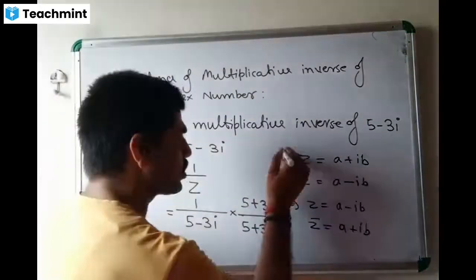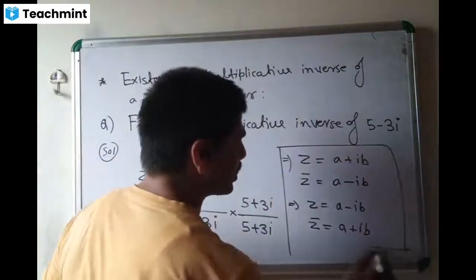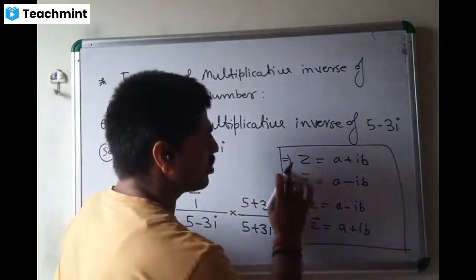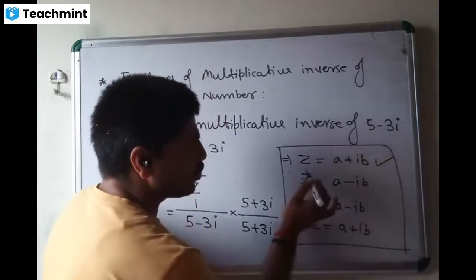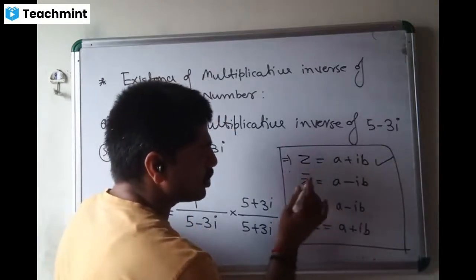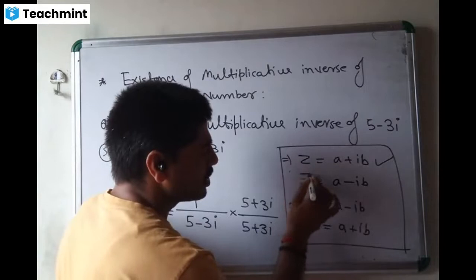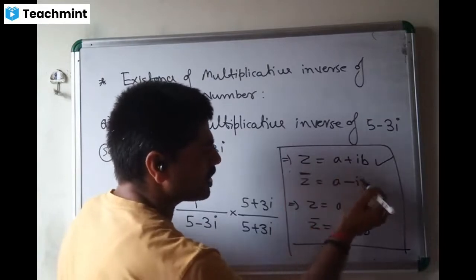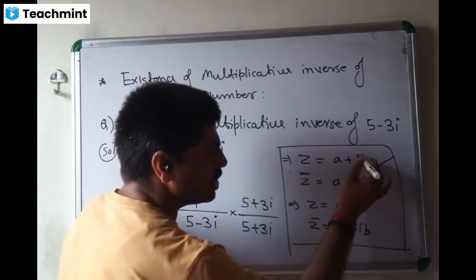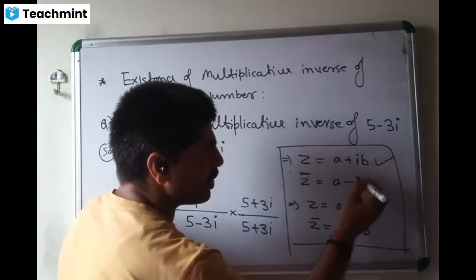If the complex number Z is equal to a plus ib, its conjugate is denoted by Z bar. Z bar is equal to a minus ib, because only the sign of i is changed. This i becomes minus i.